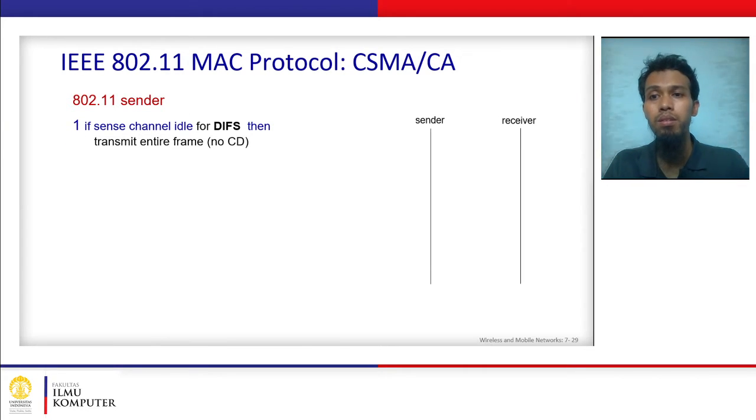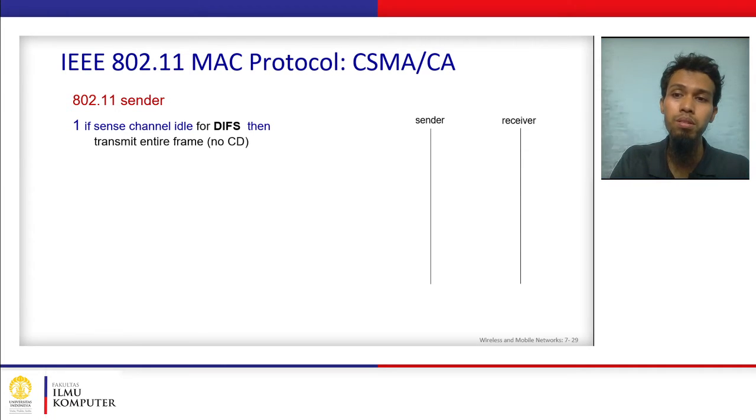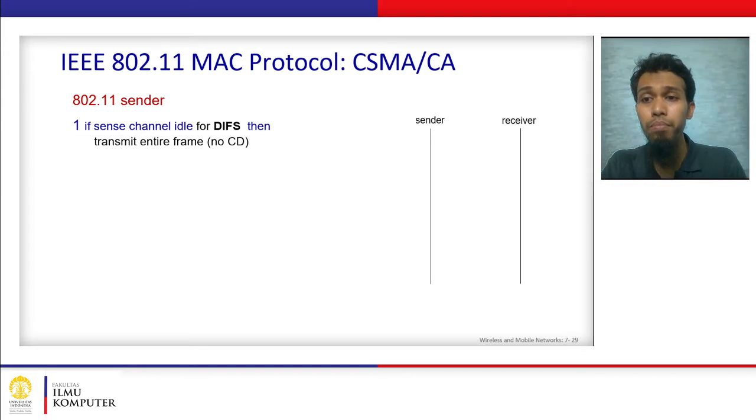This is the first attempt, or the first version, because actually they have an additional mechanism which is better at managing collision avoidance. First, similar to CSMA, we sense the channel.